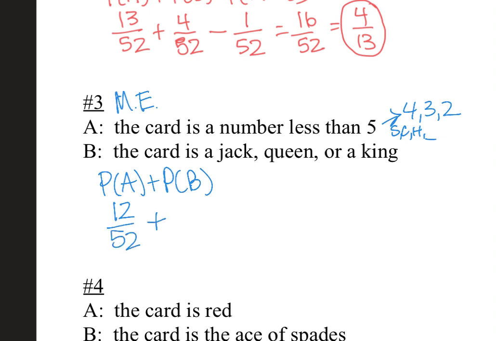Okay, plus probability of B. So jack, queen, or king. So again, there's 4 jacks, there's 4 queens, and there's 4 kings because of all the suits. So here we're going to do 16 over 52. Oh, sorry, 12 over 52.